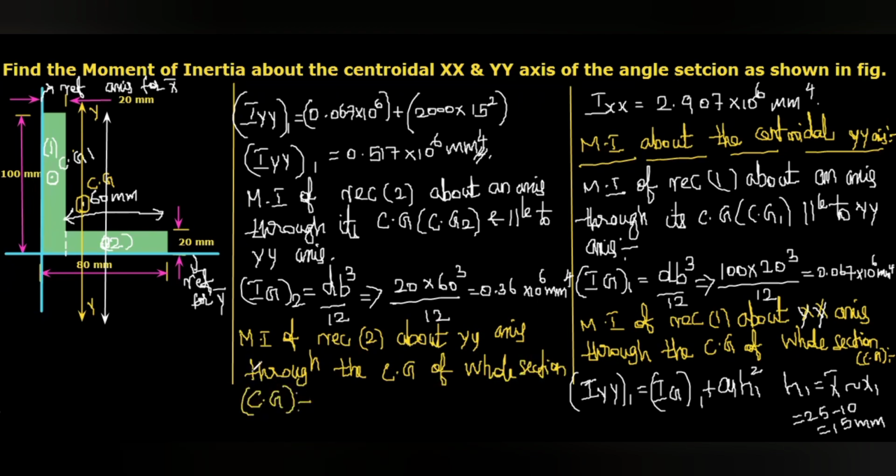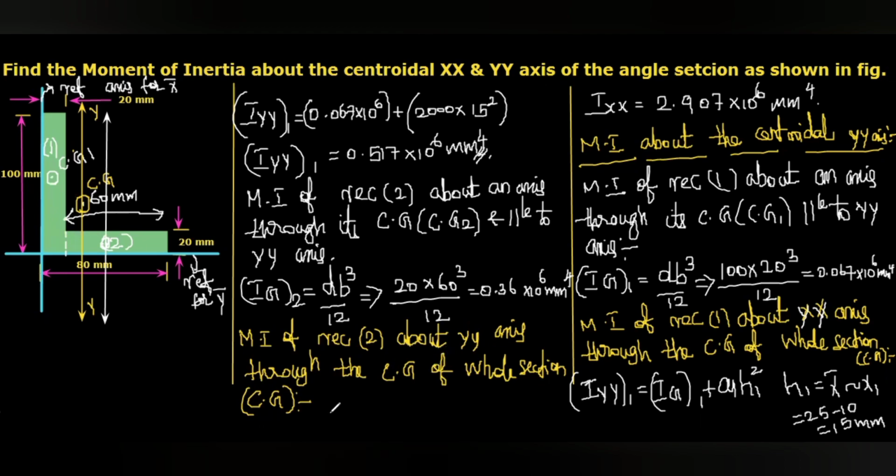For that we can use the parallel axis theorem. Here you can see from this to the YY axis, that is X bar. From this to this axis, that is X2. The difference between these two is this one. That means we can take H2 equal to X bar minus X2. To avoid this confusion, I'm going to erase the extra marks in the diagram.